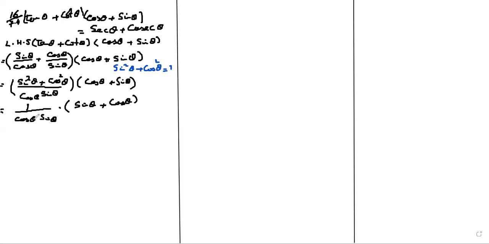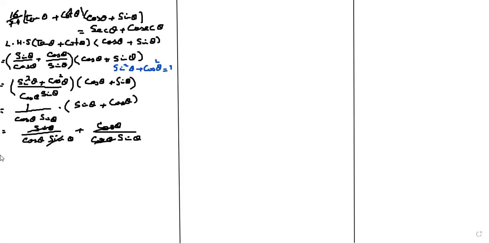Now this numerator can be written as two terms. The first one is sine theta divided by cosine theta sine theta, with the plus sign, we have cosine theta divided by cosine theta sine theta. Now we can see this sine theta got cancelled, and cosine theta got cancelled.